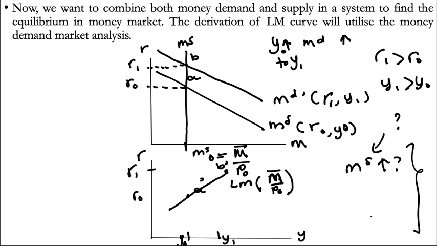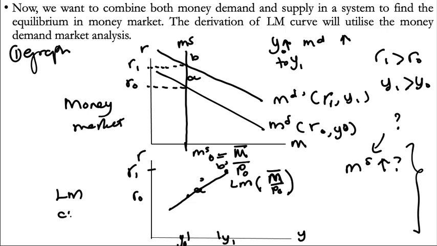Alright? Now, we have done the first method. Remember, if we want to derive IS or LM, we have graph methods. And here we have money market, reserve, and M curve. So we have done that. Now we want to look at the mathematical method.